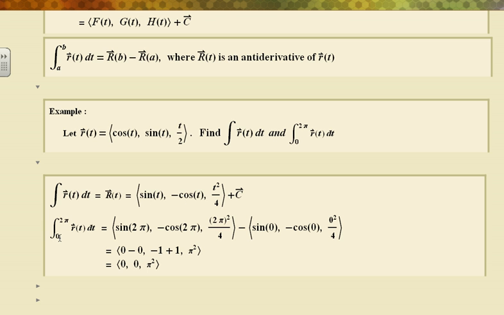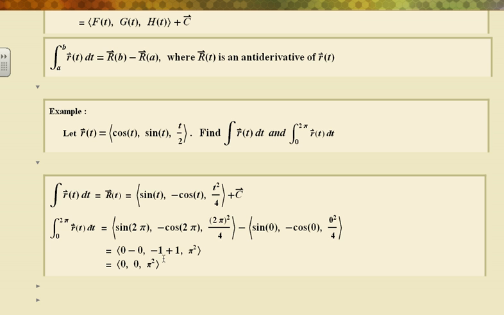For the bounded integral, I'm just going to take that same integral function and then plug in the bounds. So I plug in 2 pi to each of those components, plug in 0 to each of those components, and then subtract. So sine 2 pi is 0 minus sine of 0, so that gives us 0 minus 0, or just 0. Negative cosine 2 pi is going to be negative 1. And then minus a negative, so that'll be plus cosine of 0, or plus 1.